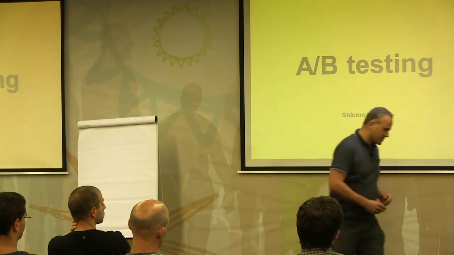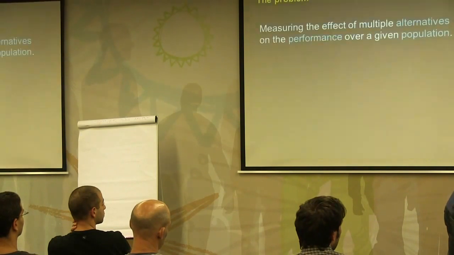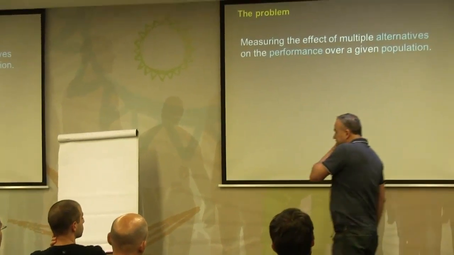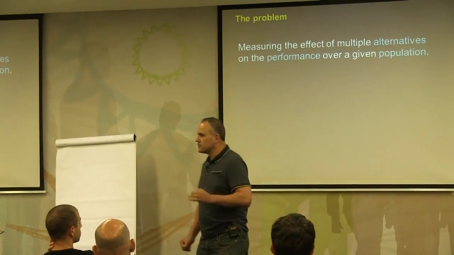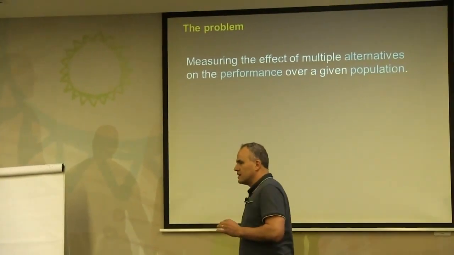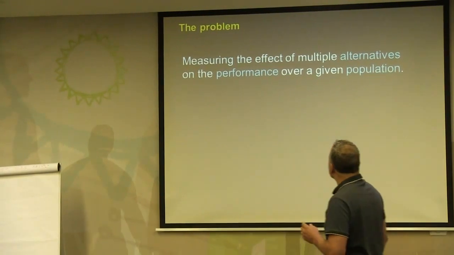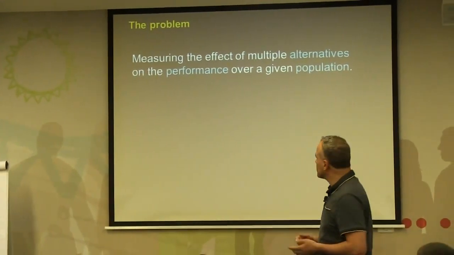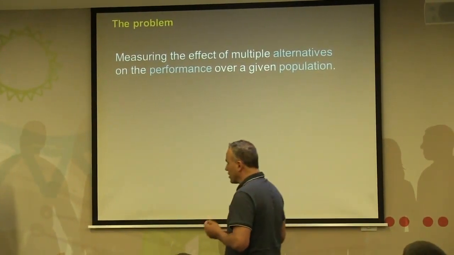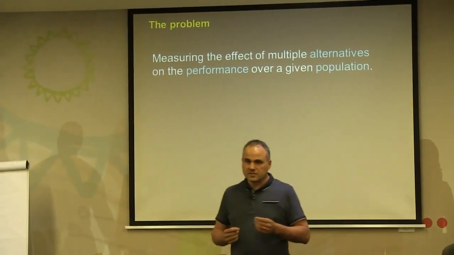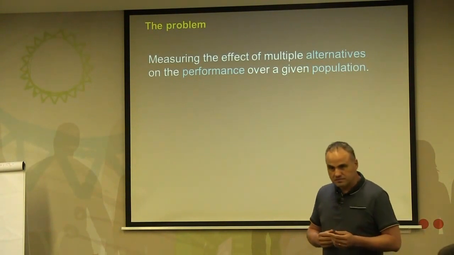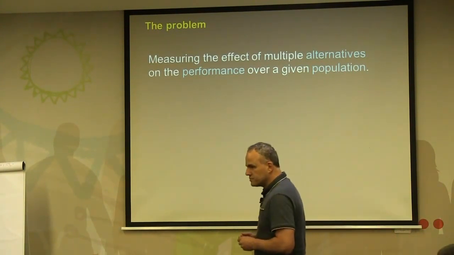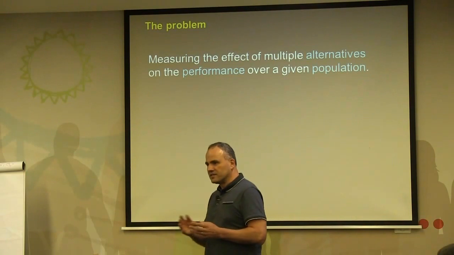And let's start. Okay. So I will start with a clear definition of the terms that I'm going to use here. A/B testing is a way when we want to compare several alternatives, 2 or more. I will focus on 2, but it doesn't matter.